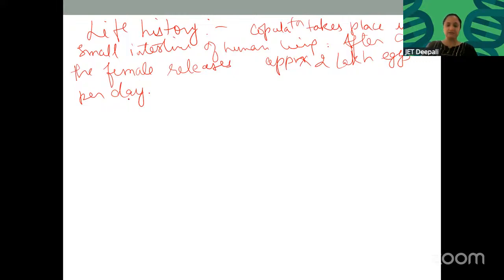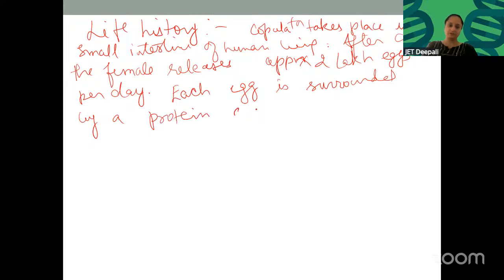Each egg is surrounded by a protein coat with a rippled surface.